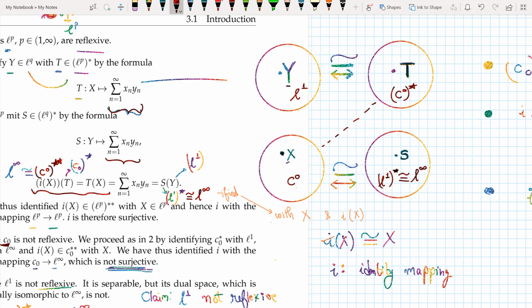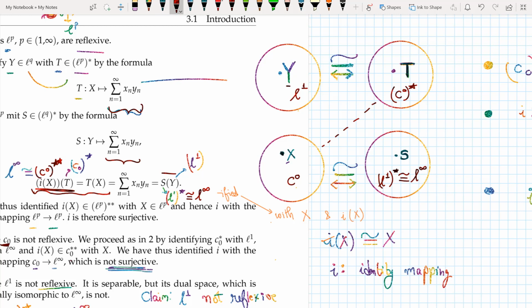And thus, if I just look at this part and this part here, I've identified y with t as before. That is C0 star with L1. I know that C0 star is isometrically isomorphic to L1.